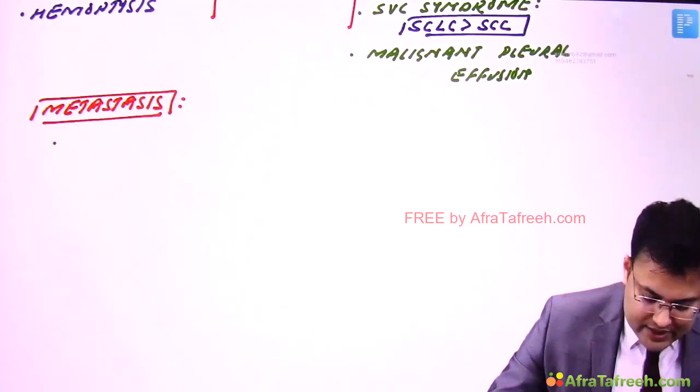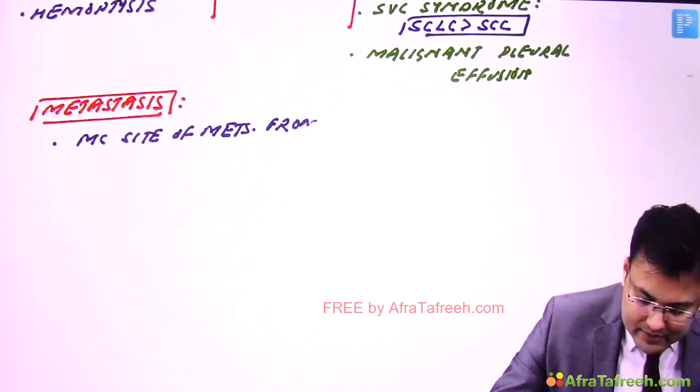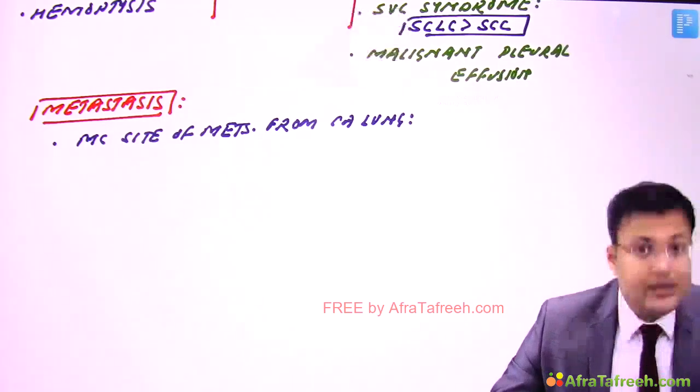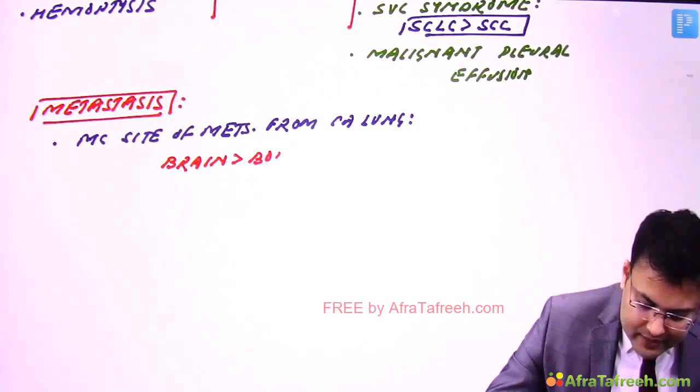So the question is the most common site of metastasis from carcinoma lung. And you have to remember, this is very important, it's brain, followed by bone, followed by liver, followed by adrenal.